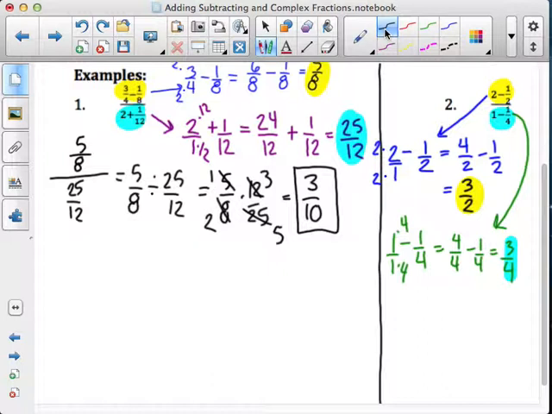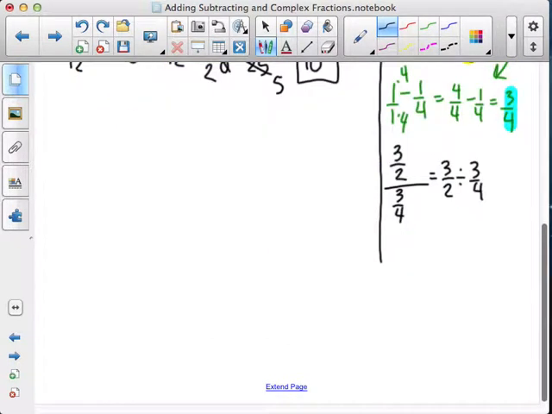So now I'm going to rewrite this as 3/2 divided by 3/4, just written differently. And I'm going to multiply by the reciprocal. So this is 3/2 times 4/3. Well, the 3's cancel. 4 divided by 2 is just 2. So my final answer is just 2.